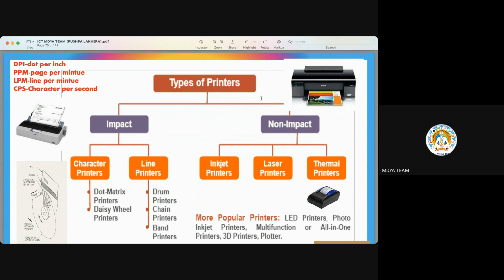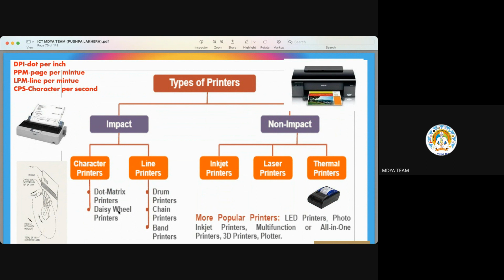Impact means some impression will be made on the page. Impact printers are of two types, character printers and line printers. Character printers just make the characters on the page. They are again of two types, dot matrix printers and daisy wheel printers.